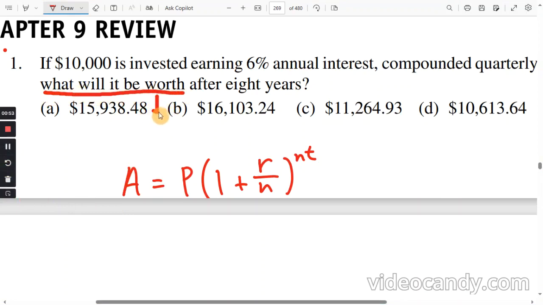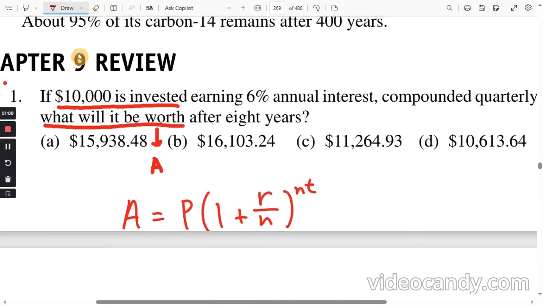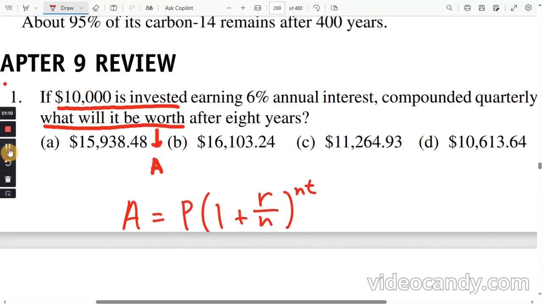So that is going to be the value for A. And the principal, the amount invested, is 10 grand. So that is going to be the value for P.